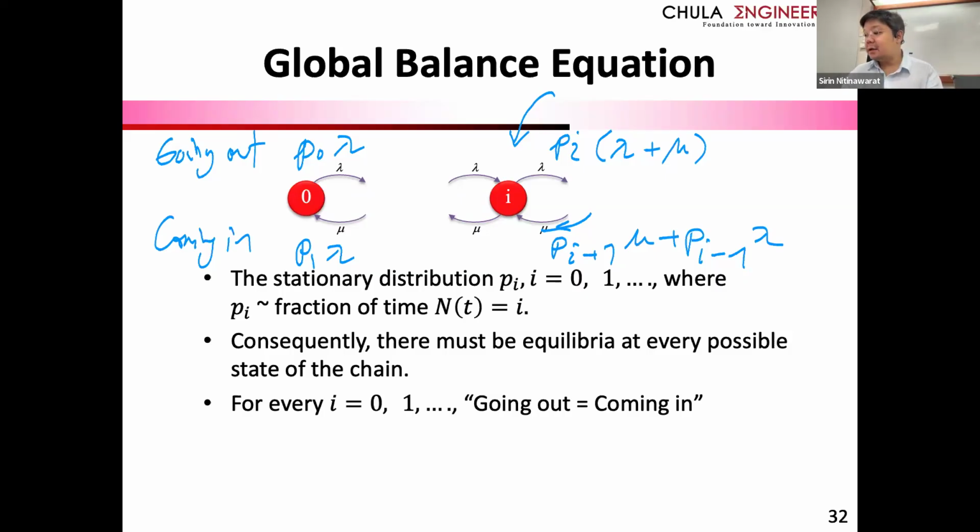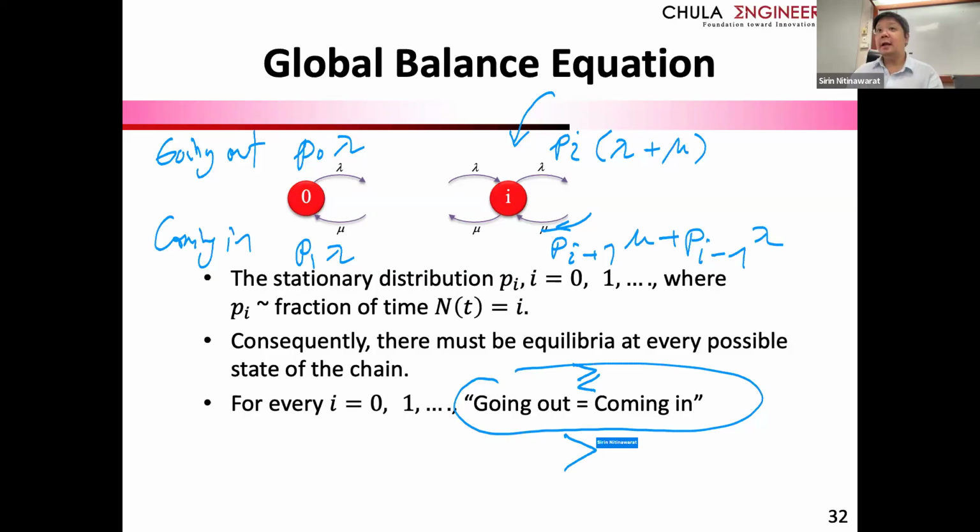And the claim is that this going out equal to coming in has to happen at all states. Why? Why should that happen? To justify this, I need to ask what would happen if at any state there is a strict inequality, right? So let's say, what if for some state there is a strict inequality of going out larger than coming in?